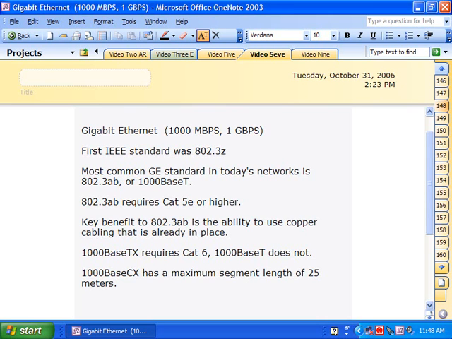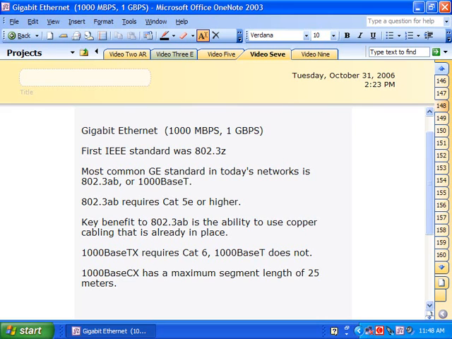You should be ready to see either one of those either in documentation or on an exam, but they're both the same measurement. The first Gigabit Ethernet standard was IEEE 802.3z, but the most common gig standard in today's networks is 802.3ab or 1000 Base-T.